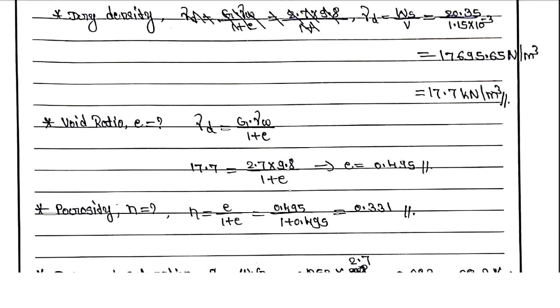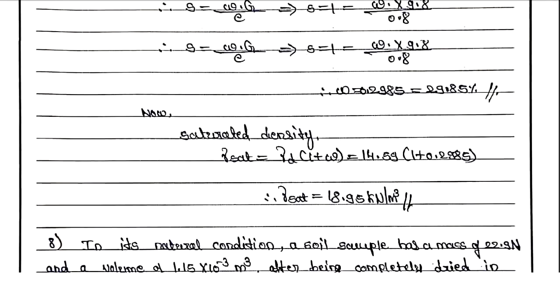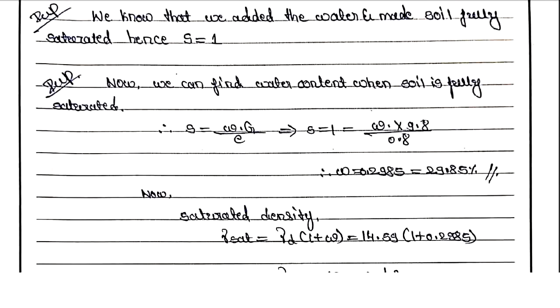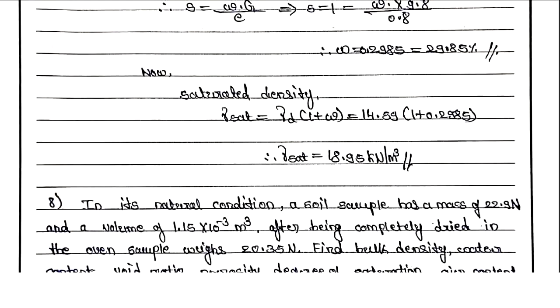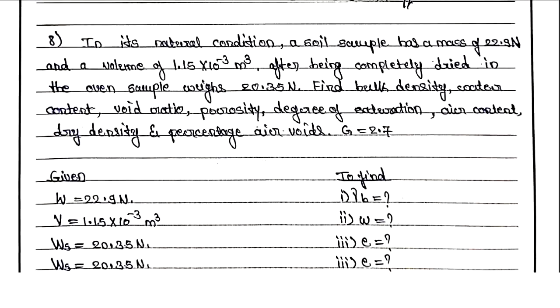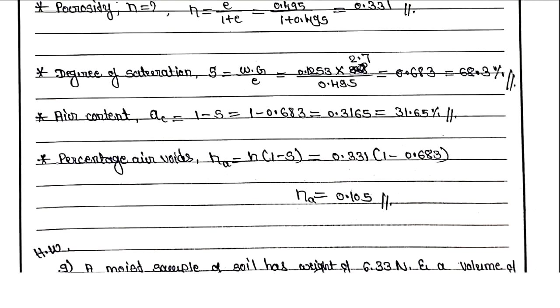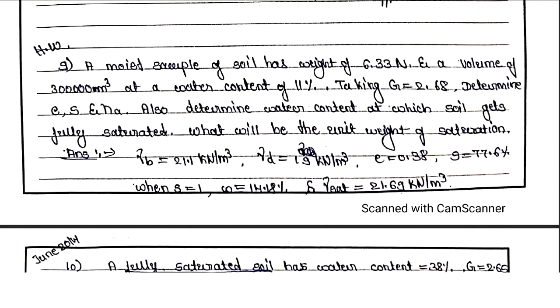Same thing we have calculated in the previous problem. Same case number 2 over here: S is equal to 1 I have to keep, and find the water content at fully saturated condition. After this we can calculate the saturated unit weight.